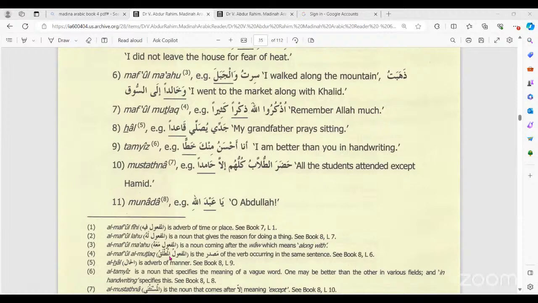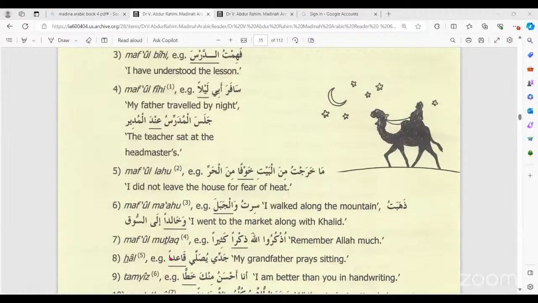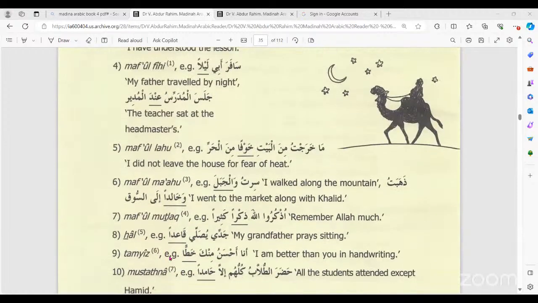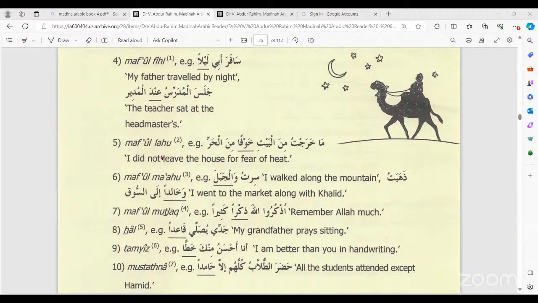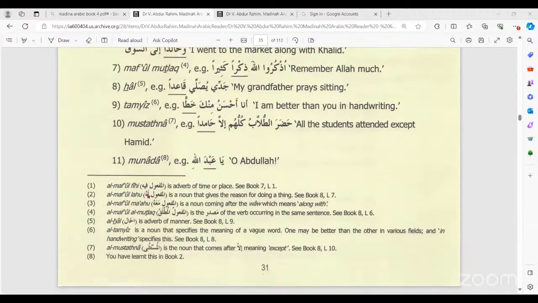Okay, it's got them. Now, what I will do is send you a list of these objects from the ayat of the Quran so that you can understand and benefit as well, inshallah. Okay. Now, let me explain. Maf'ul lahu. Now, the word lahu, if you look at the footer, it says it is a noun.